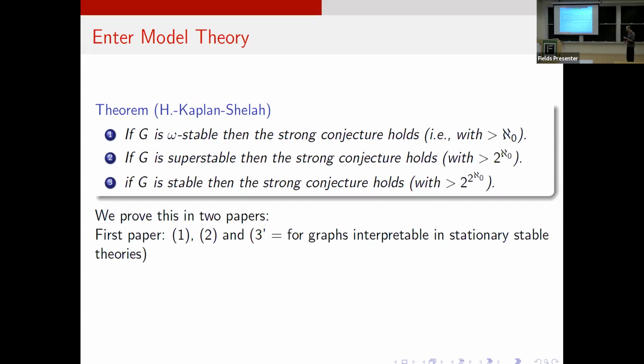And then I guess a natural question is, can you always interpret any stable theory inside a stationary stable one? And Udi gave us a counterexample, just ACF. There is a very nice argument.